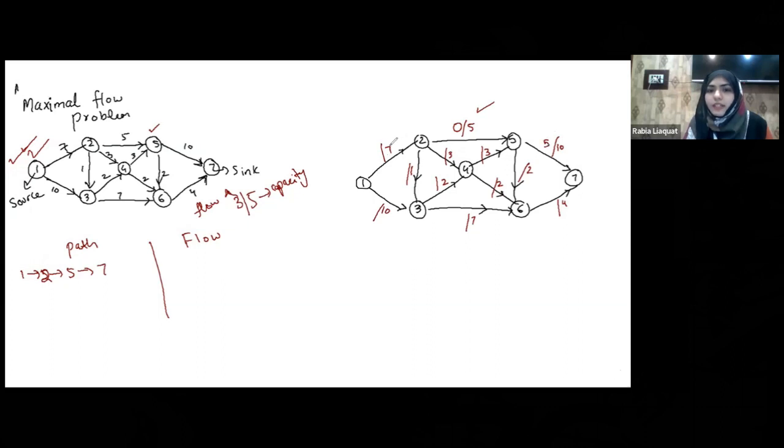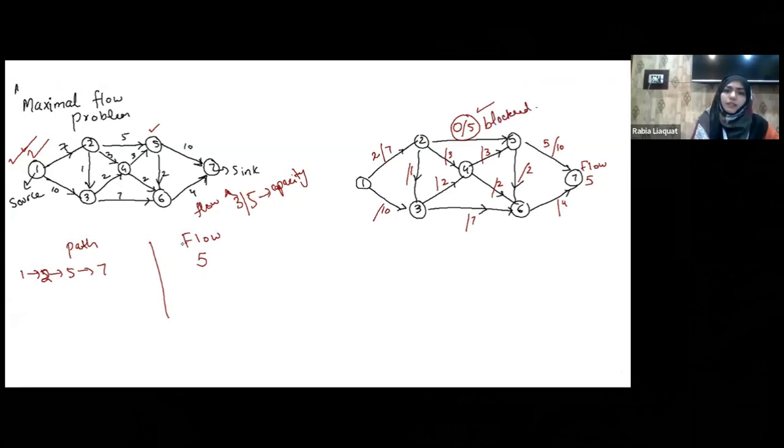And 7 minus 5 is 2. So here the flow is 5, because the shortest capacity is 5. So we choose the shortest capacity, which is 5. Next route, and here this will be blocked.